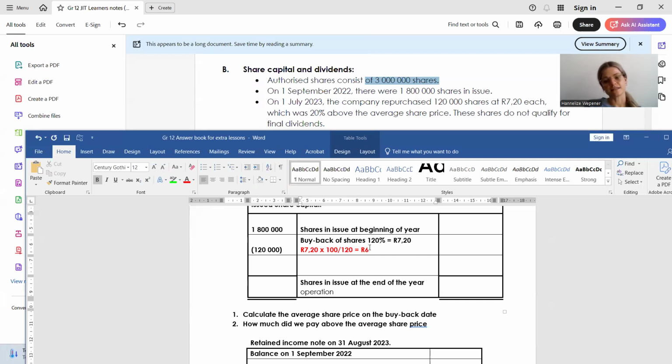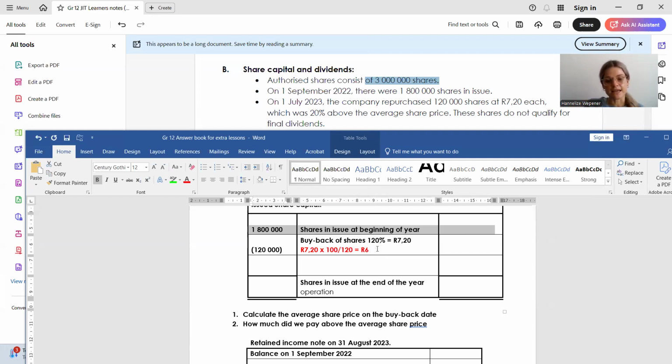That also means that this 6 Rand average price is the average price of my shares issued at the beginning of the year, because the first step in calculating the average price for the buyback of shares is saying whatever I owned prior to this buyback, what is the average share price of those shares? We only had an opening balance. We didn't issue any shares after the beginning of the financial year up until the date of the buyback.